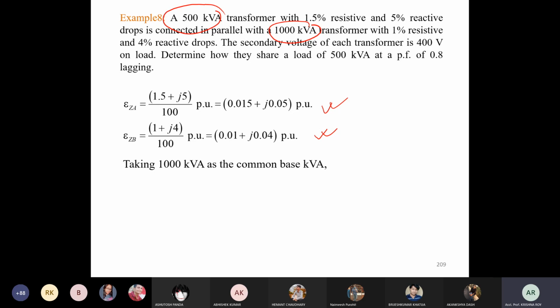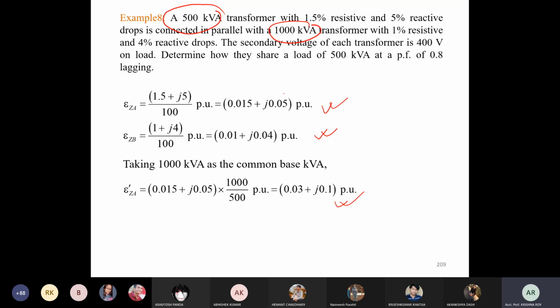So let us consider this 1000 kVA as the common base. Therefore the per unit leakage impedance of transformer A with respect to this 1000 kVA common base is equal to this.